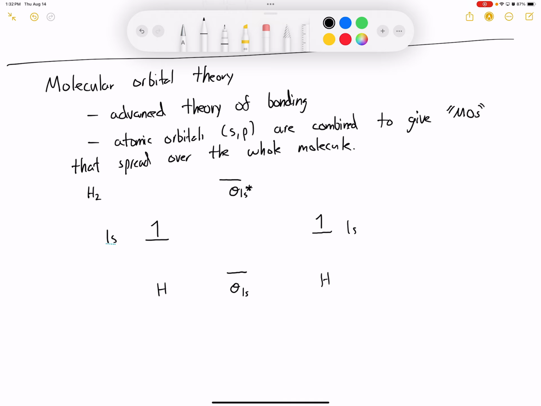So what this diagram is telling you is that the 1s orbital for each hydrogen atom is in the middle, right? It's perfectly like that by itself. But when it forms a molecule, in order to form a molecule, it must form an orbital that lowers its energy, right?